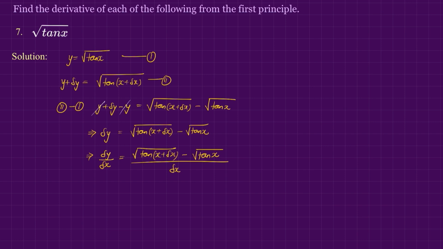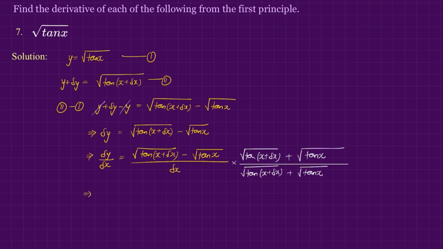Now here I will rationalize the numerator by multiplying and dividing with its conjugate. Then we will have root over tan of x plus delta x plus root over tan of x, whole divided by root over tan of x plus delta x plus root over tan x.